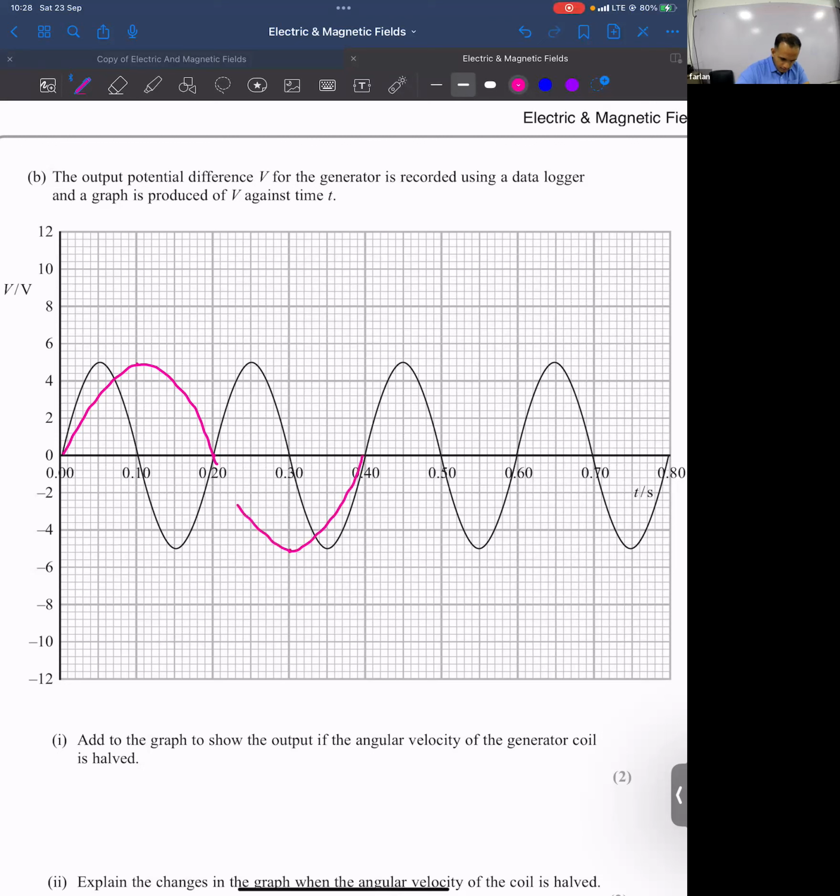Is this correct? Why? The time period is double now. The voltage should be half, and use EMF. What's wrong with this? Tell it again.